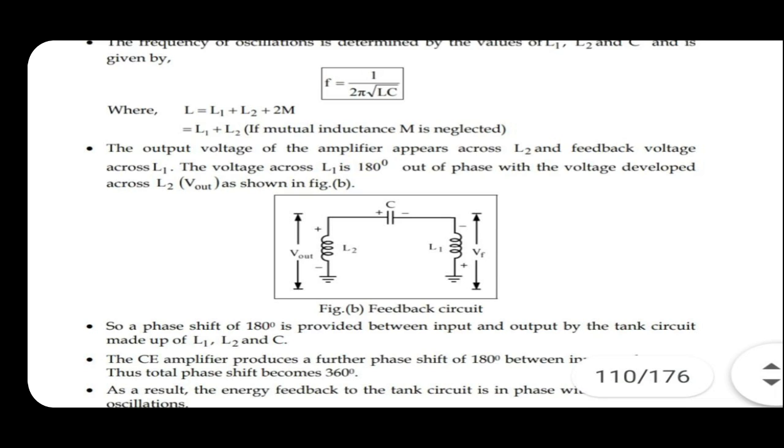The frequency of oscillation is given by 1/2π√(LC), where L is L1 plus L2 plus 2M. Here M, the mutual inductance, is neglected. The output of the amplifier is applied across inductor L1.